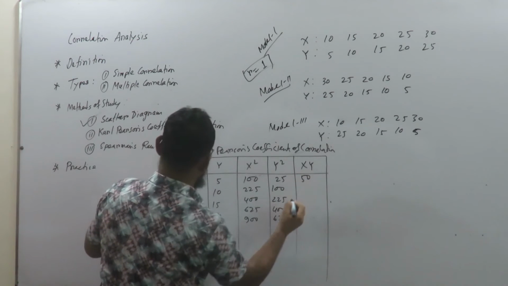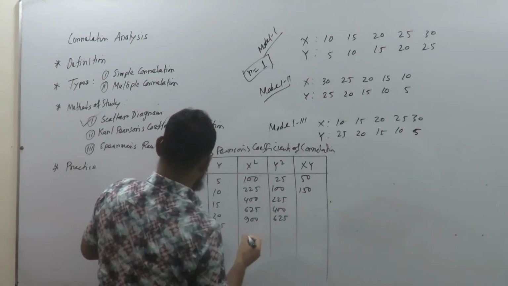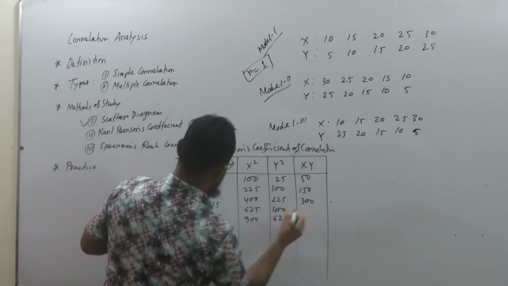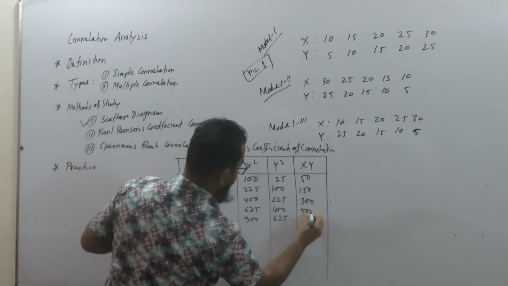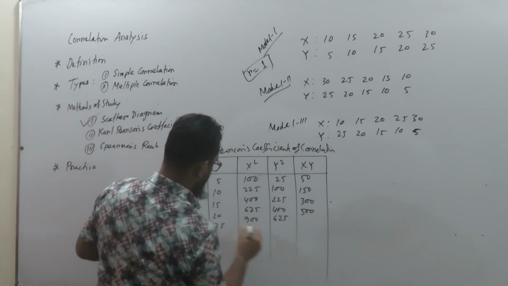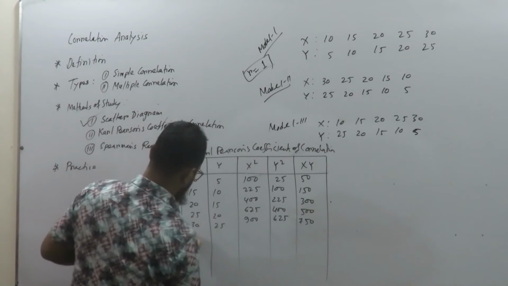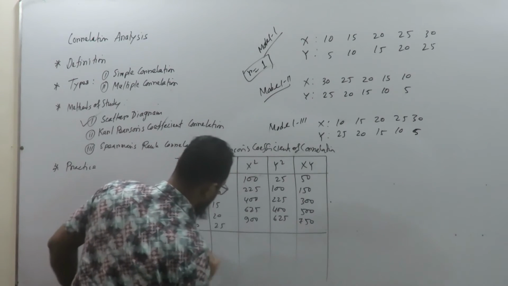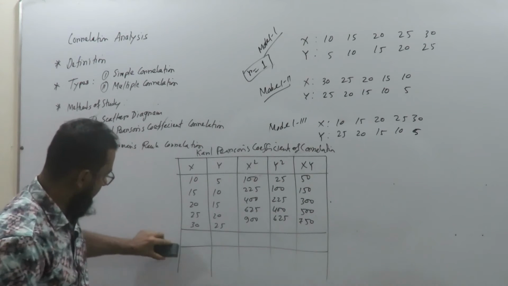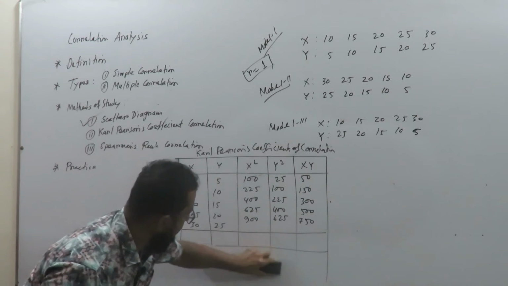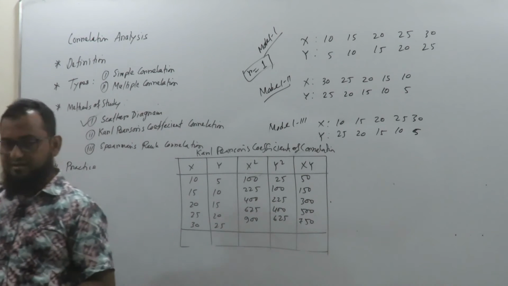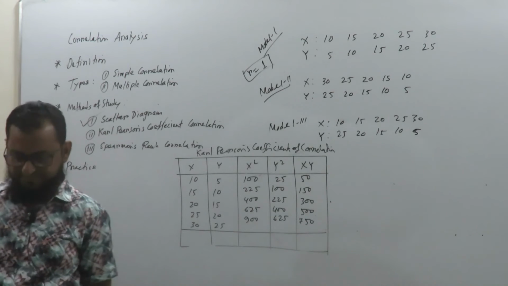XY: 50, 150, 300, 500 and 750. I am not using a calculator, so it may be wrong. Just justify by your own calculator.